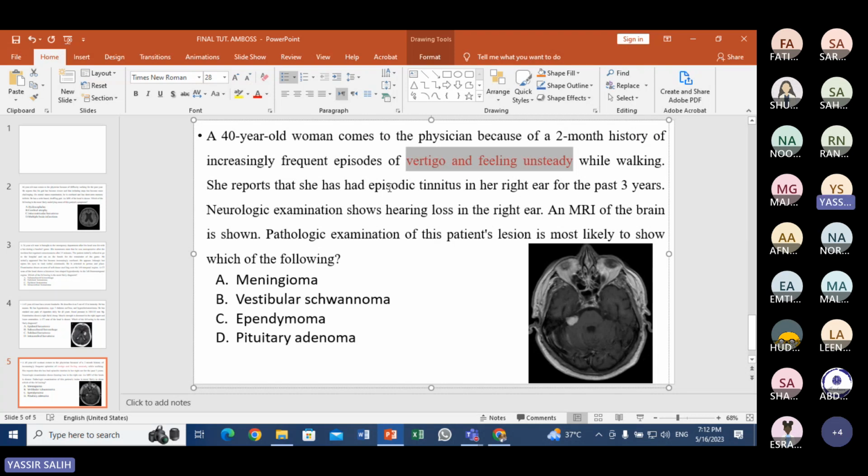Tinnitus in the right ear. Hearing loss.